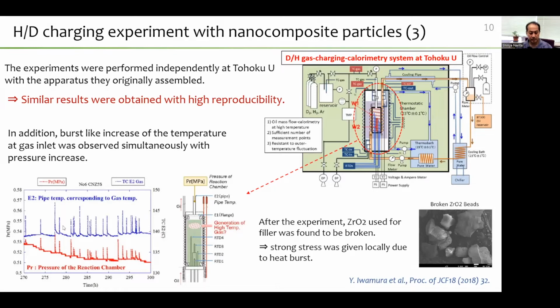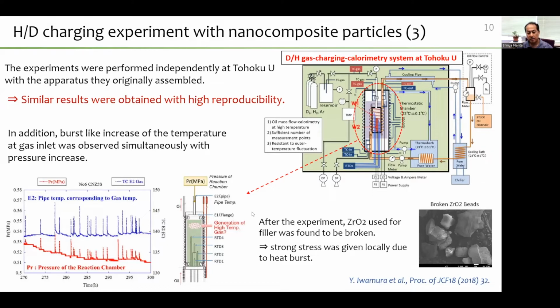So here, this is a plot of gas temperature measured by the thermocouple placed in the gas pipe here, and the pressure of the reaction chamber here. So you can see the temperature and the pressure burst happen simultaneously.